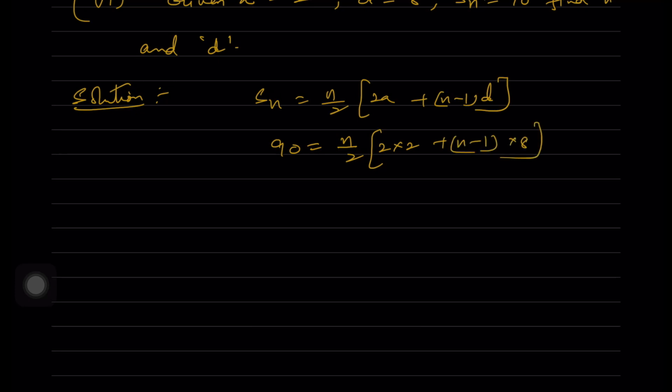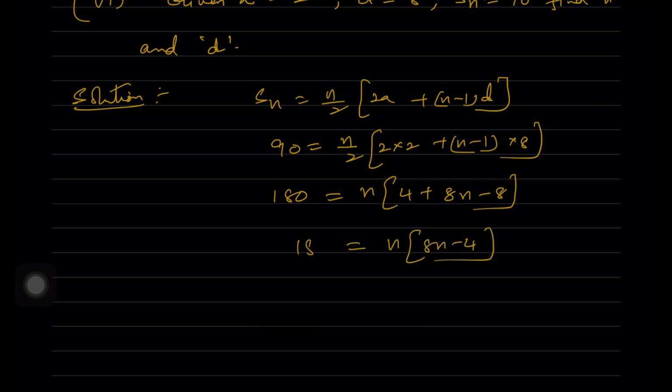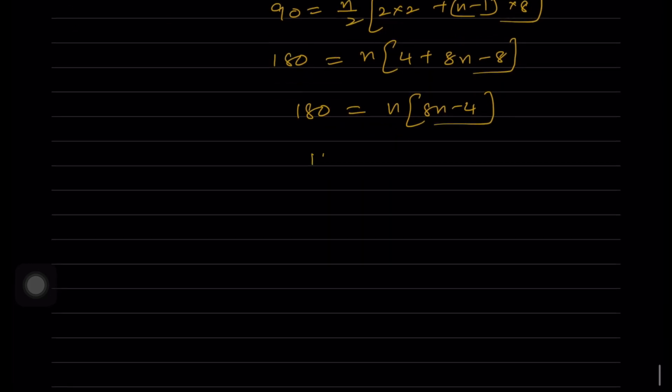That is 90 is equal to n by 2 into 2 plus n minus 1 into 8. So you are getting here 180 is equal to n into 4 plus 8n minus 8 in brackets. So 180 is equal to n into 8n minus 4. So 180 is equal to 8n square minus 4n.